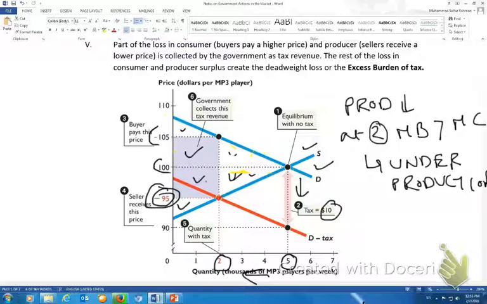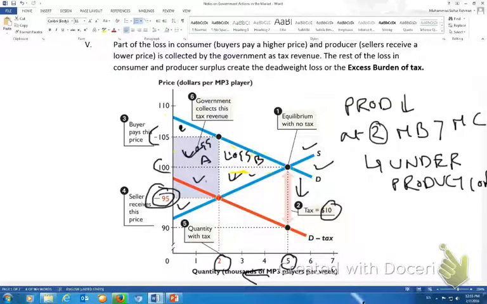Now the consumer surplus is the smaller triangle, this one. As a result, our consumer loses this rectangle, which is part of their consumer surplus, and they also lose this larger triangle, part of their consumer surplus. So the loss of consumer surplus as a result of this underproduction is the rectangle, let's call it A, and the triangle, let's call it B.